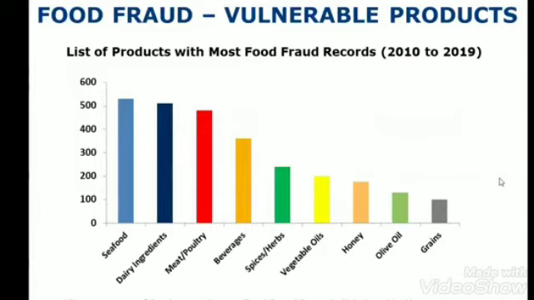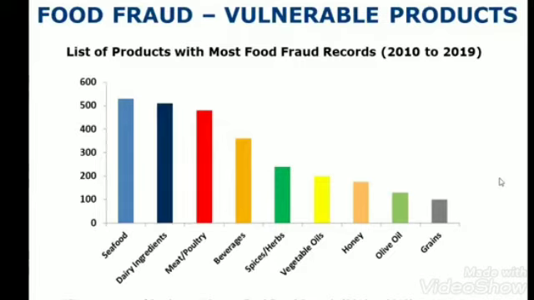This is data which a company called Decernis prepared from 2010 to 2019, almost 10 years of data. Based on this data, they categorized the food products or ingredients which are most vulnerable within this period. Here you can see, top left, the highest number of food fraud incidents was recorded in the seafood category, followed by dairy ingredients, which can be milk, cheese, or many other products, and then meat and poultry.